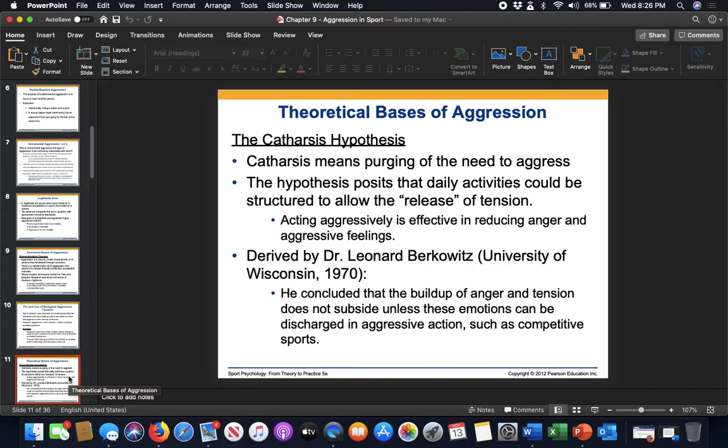It ends up being just one outburst that has to happen. It's like when you have that calm person who just takes it and takes it and takes it, and then one day they just blow up. That's the catharsis hypothesis. It built up for so long that finally you have to have that release, and unfortunately, it just happens to come in that one blow.